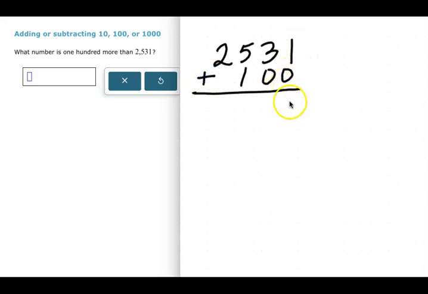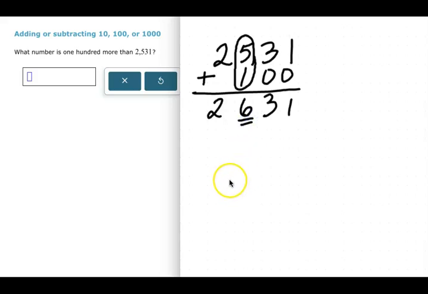So adding this up, I get 1 plus 0 is 1, 3 plus 0 is 3, 5 plus 1 is 6, and 2 plus nothing is 2. So notice that the only position that's changing is my 100s spot.